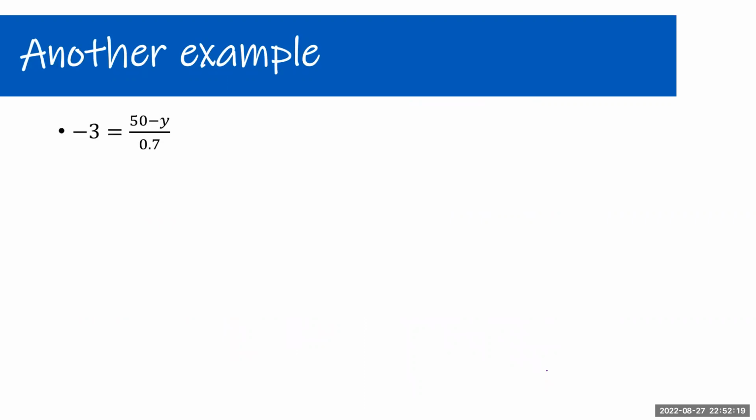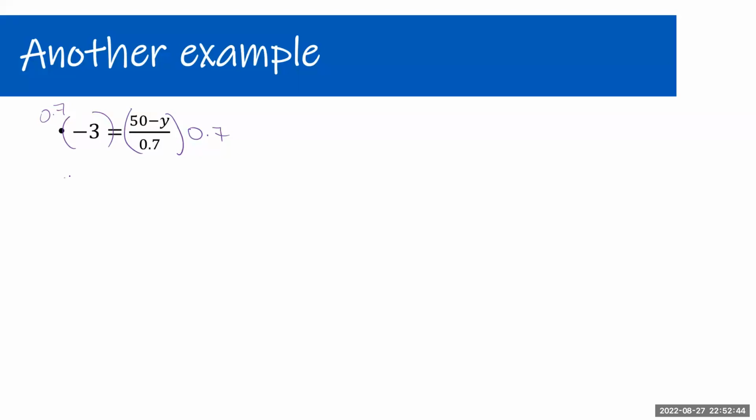Now, what if we have -3 equals 50 minus y divided by 0.7? Take a minute, make sure you can solve this one. If you haven't figured out by all the practice problems, you will positively see these on your first test. First thing I'm going to do is try to get that 0.7 out of the denominator. So I'm going to multiply both sides times 0.7.